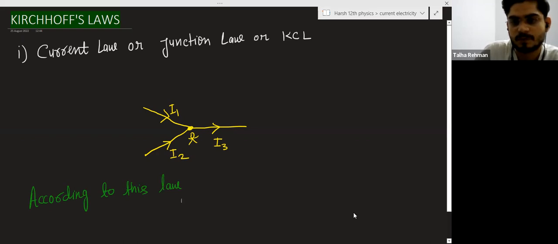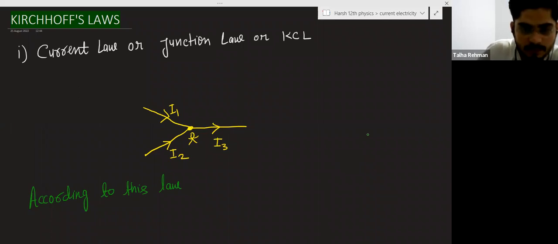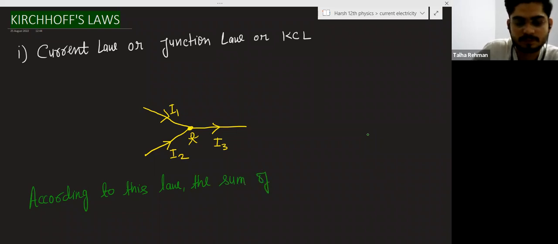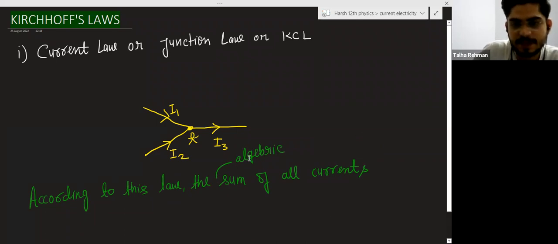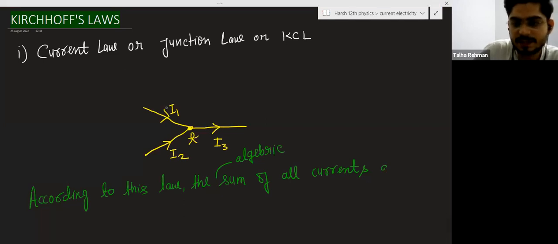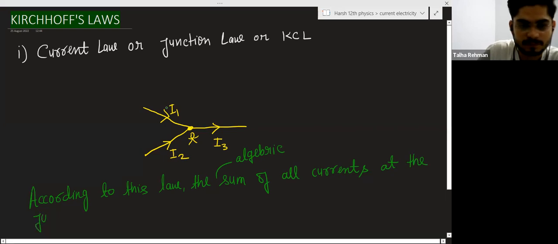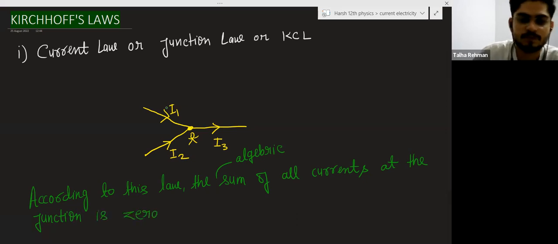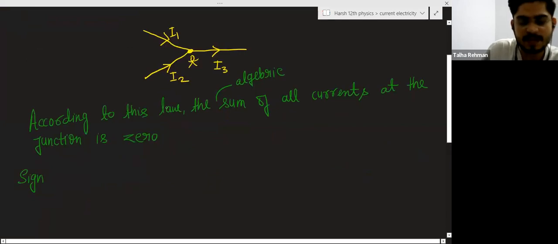According to this law, the sum of all currents, or you can say algebraic sum, the algebraic sum of all currents at the junction is zero, and you have to take the current with sign convention.